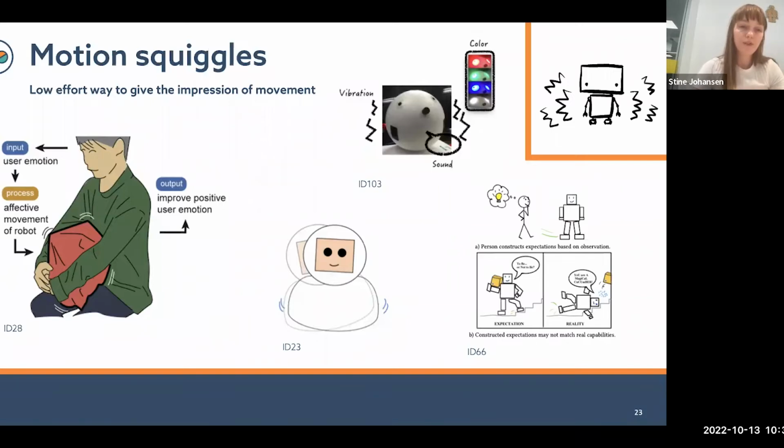And maybe you've already noticed this, but not a lot of these illustrations across the styles have actually included people. So this picture on the left-hand side shows how the robot moves intimately in relation to a person.